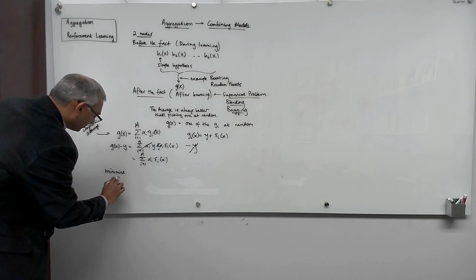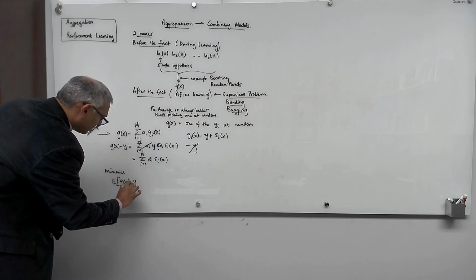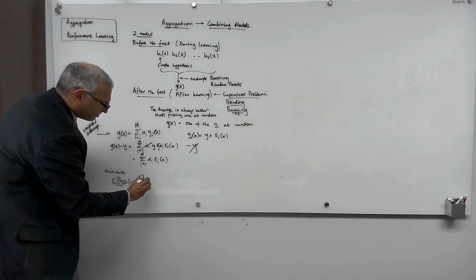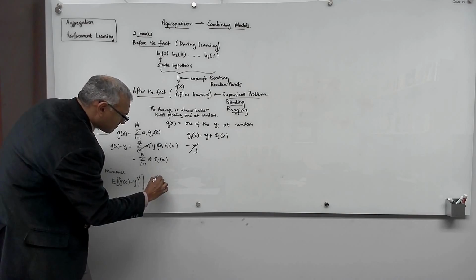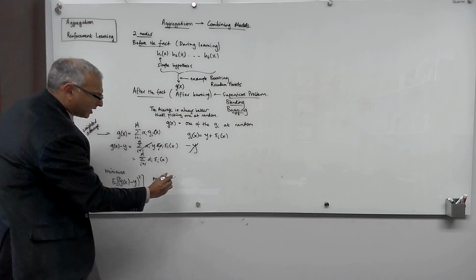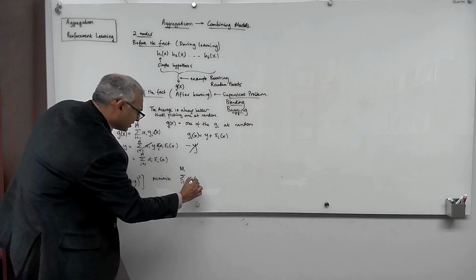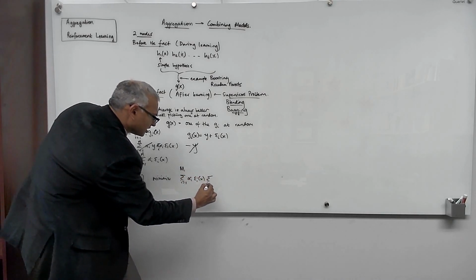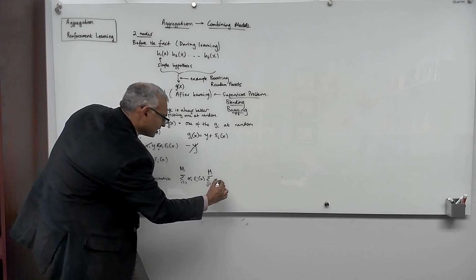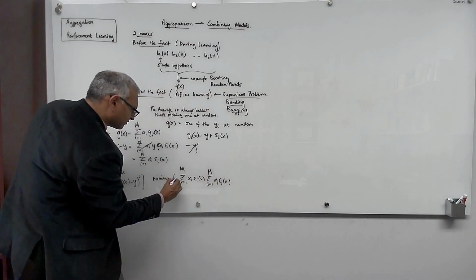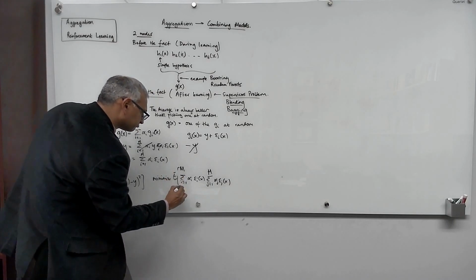Okay. So if I want to minimize the squared error, so I want to minimize the expected value of g of x minus y squared, then I want to minimize this thing squared, which is the sum from i equals 1 to M of alpha_i epsilon_i of x, times the sum from j equals 1 to M of alpha_j epsilon_j of x, in terms of expected value.